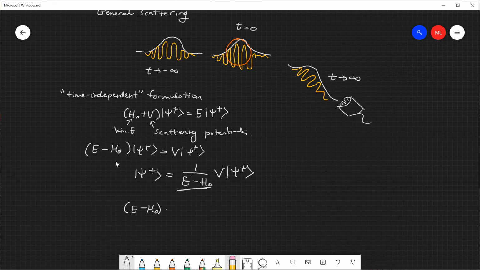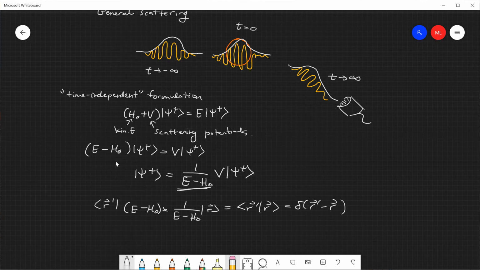So if we take the operator times its inverse and sandwich it between coordinate space eigenstates, then we know that this should just be the identity, and this reduces to a delta function of the coordinates.